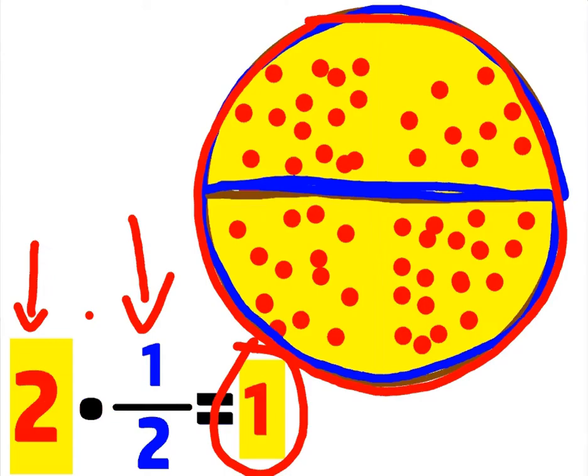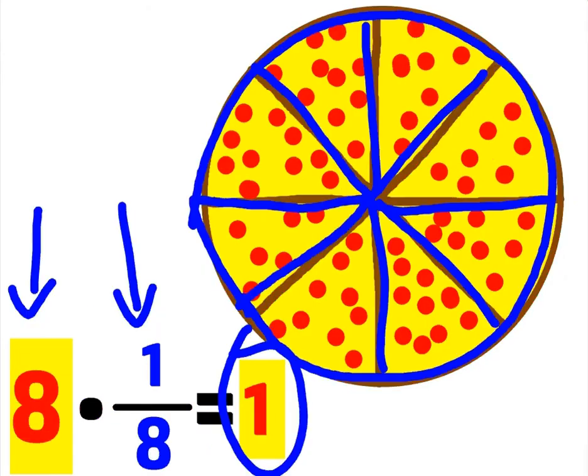Going back to the pizza example, let's look at the 8 slices. Actually, let's think about it this way. I have 8, right? Which is 8 slices.